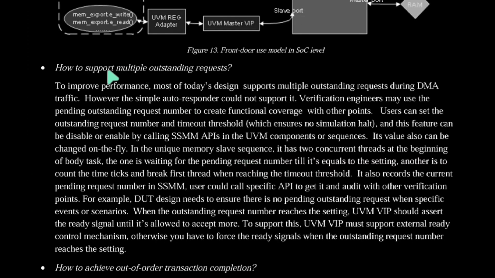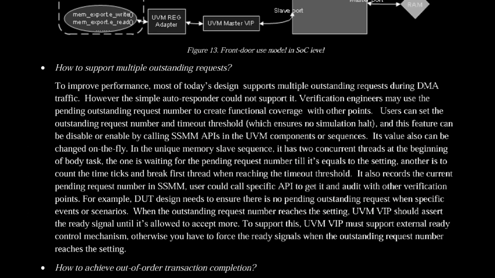How to support the multiple outstanding requests? To improve the performance, most of today's designs support multiple outstanding requests during the DMA traffic. However, the simple auto responder could not support it. Verification engineers may use the pending outstanding request number to create a functional coverage with the other points.